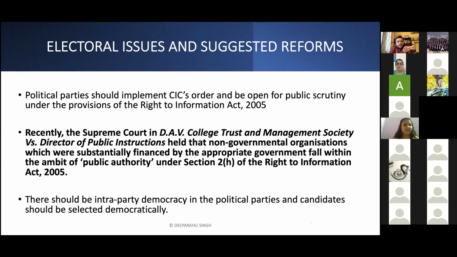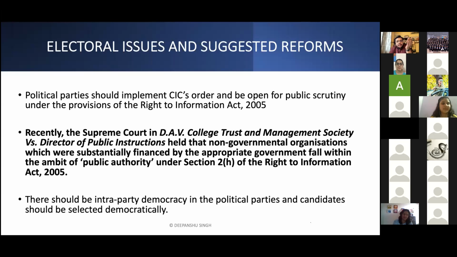For example, recently what they did was that candidates have to declare their criminal cases on the website. All political parties have to ensure that the candidates who have a tainted record have that published on the website of the political parties. I think that was a very good judgment.